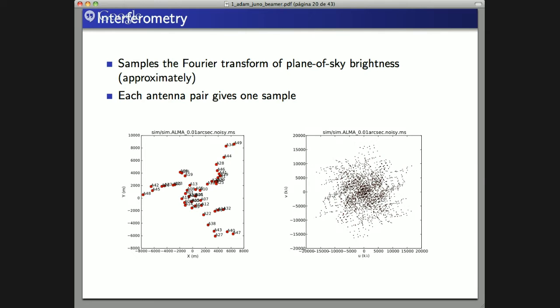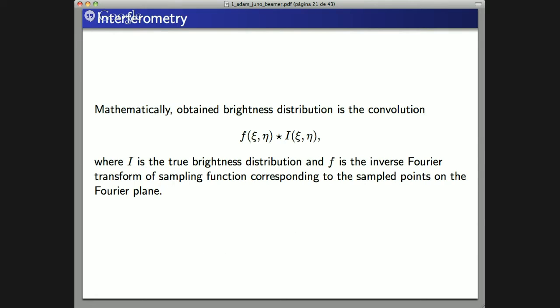So mathematically, what happens here, we have a true brightness distribution, and then we have a point spread function which corresponds to the Fourier transform of this. So what we get is a so-called dirty image.